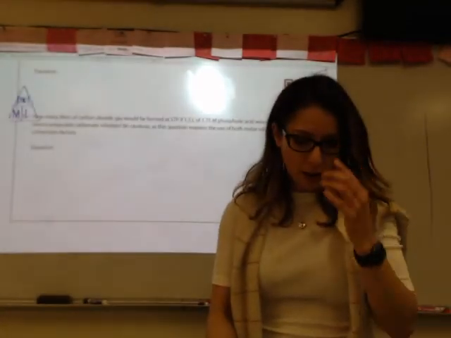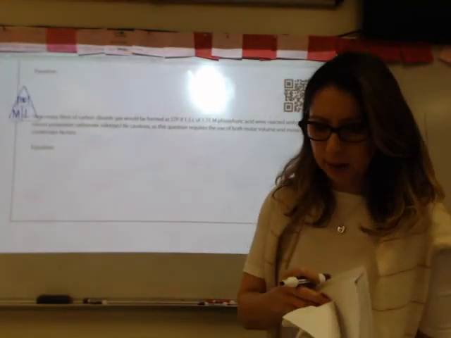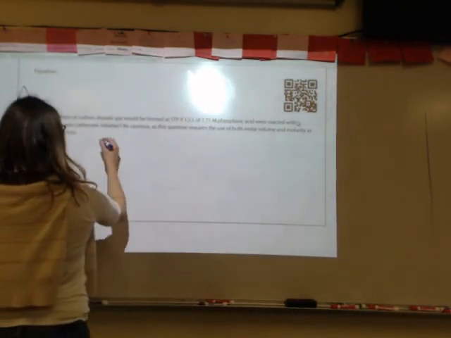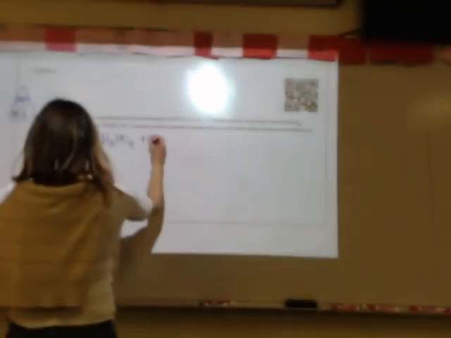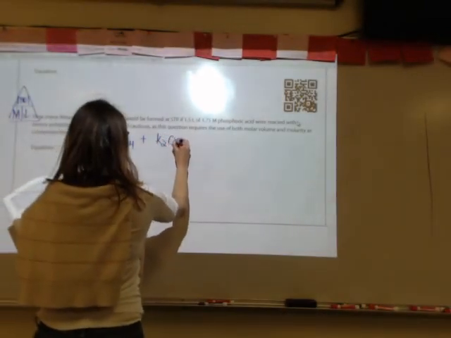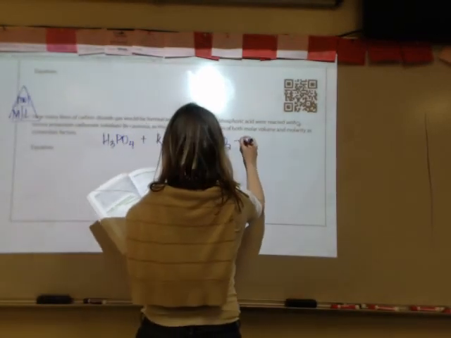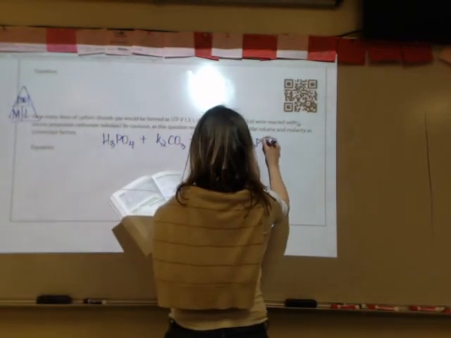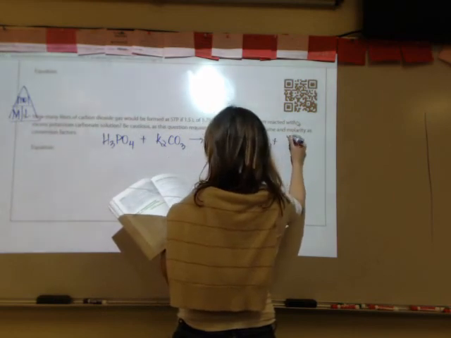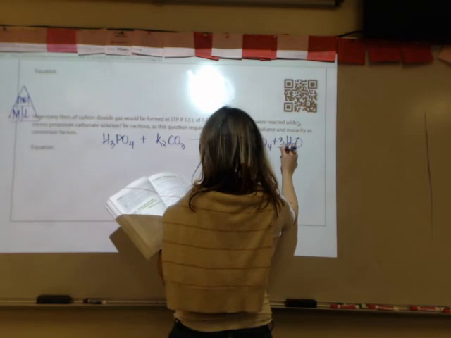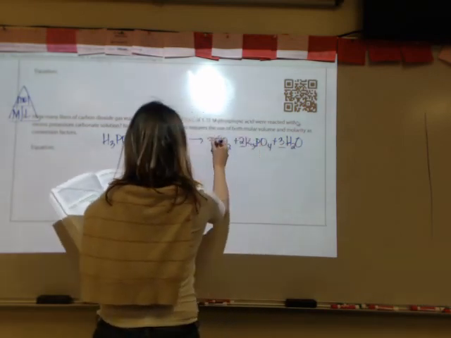How many liters of carbon dioxide gas are going to be formed at STP? You've got phosphoric acid reacting with potassium carbonate. You're going to form carbon dioxide and potassium phosphate and water. So I'm just going to go ahead and give you this balanced chemical equation.